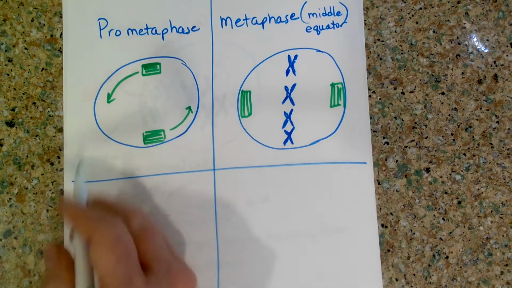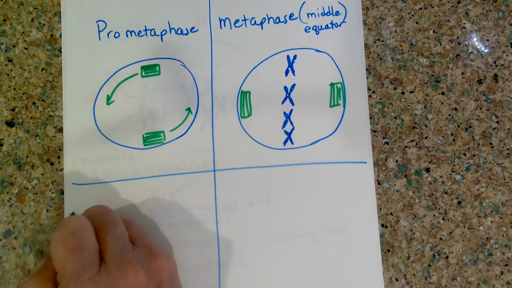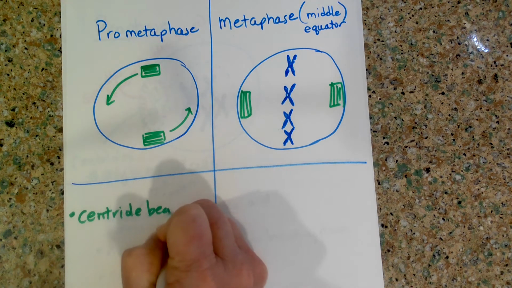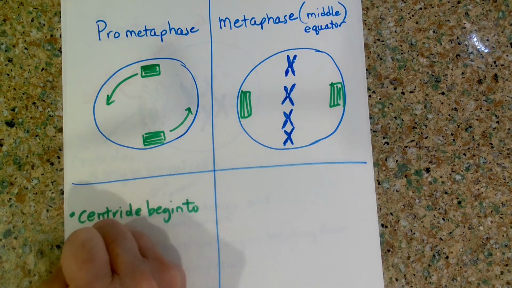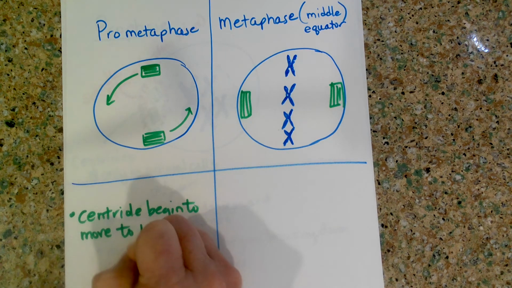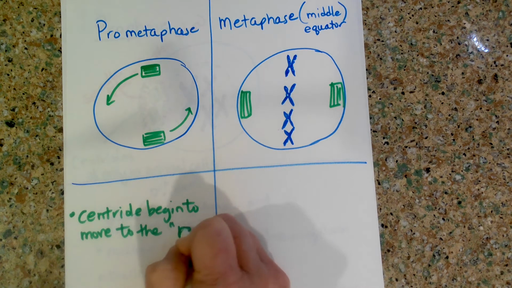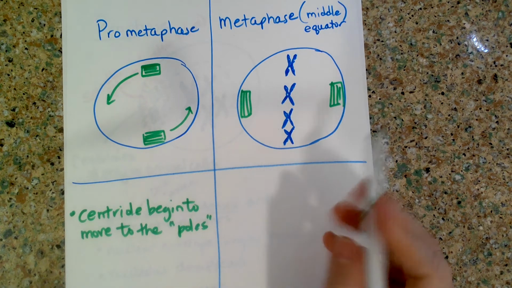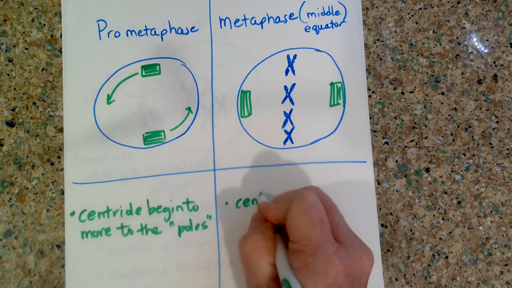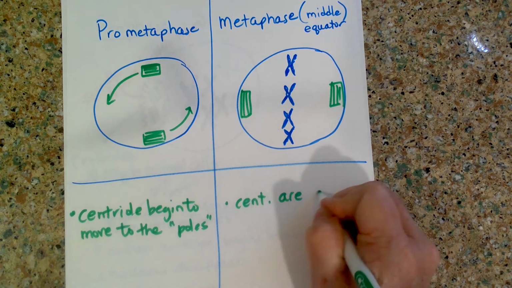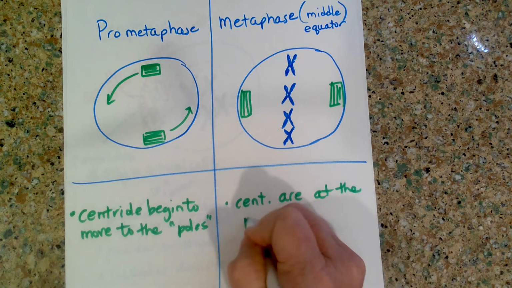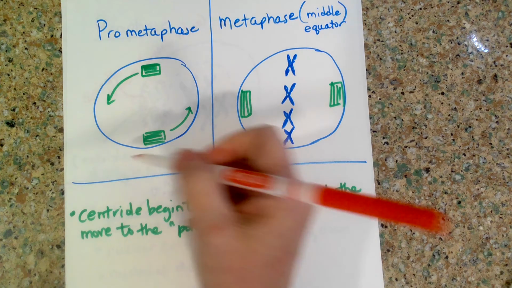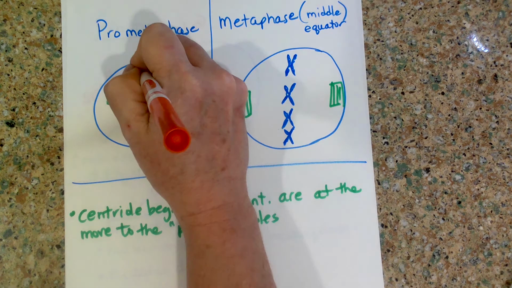Okay, so in prometaphase, the centrioles begin to move to the poles. Okay, so the poles are just going to be opposite of the equator. In metaphase, the centrioles are at the poles. All right, so coming out of the centrioles are these spindle fibers.